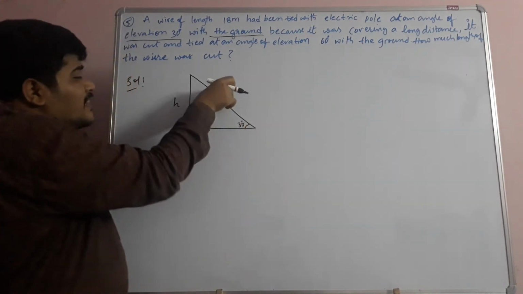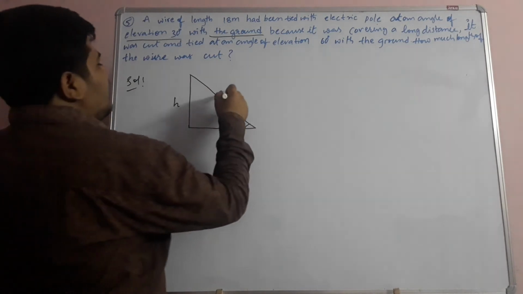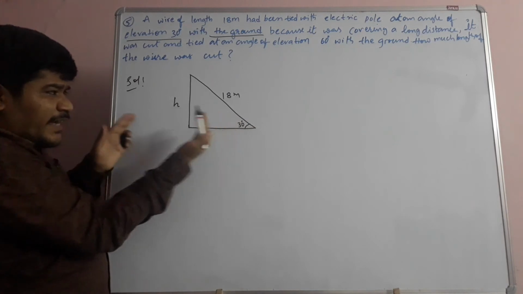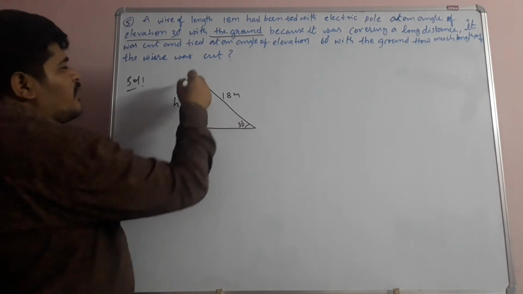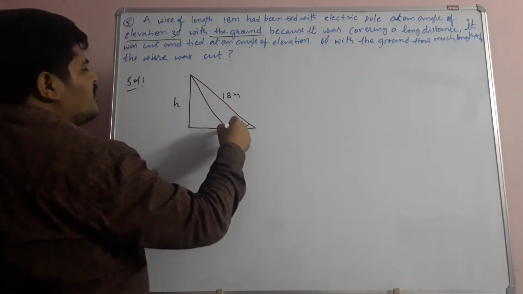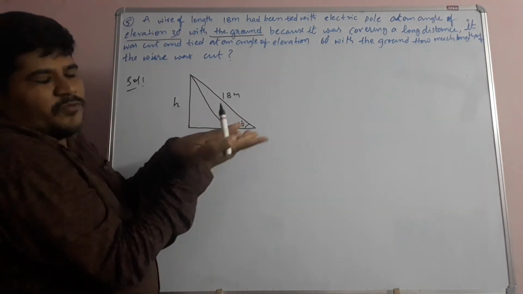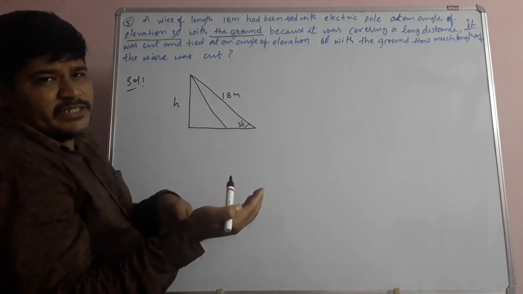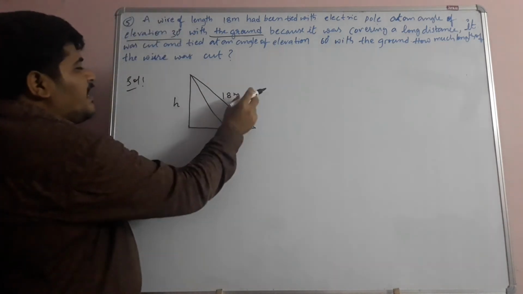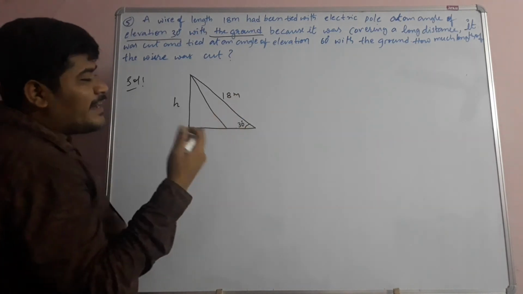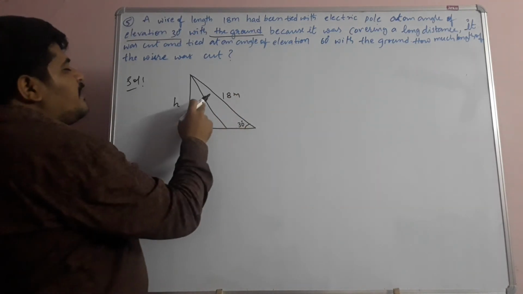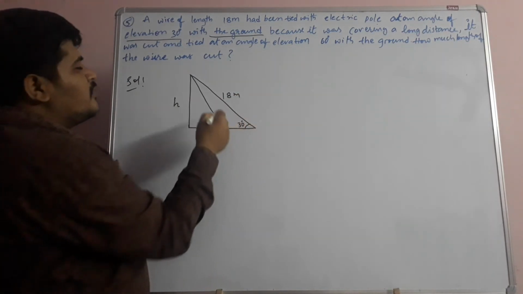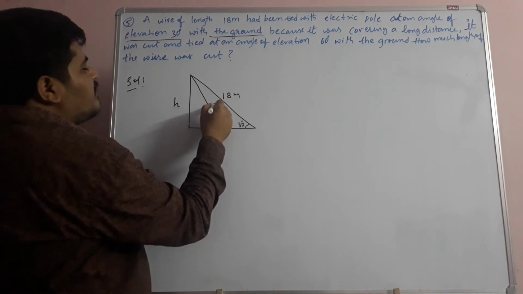What was the length of the wire? 18 meters. After that, they cut it and it came near. They cut some part and it came near. How much part was cut, that we need to find. So let x meters of wire be cut. If they cut x meters from 18 meters, the remaining part is 18 minus x.